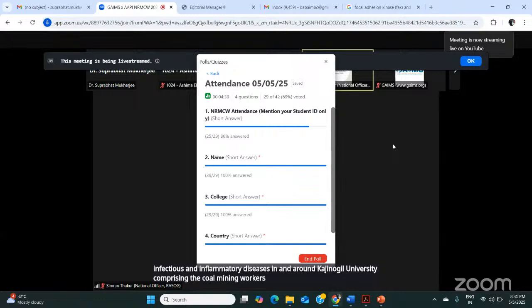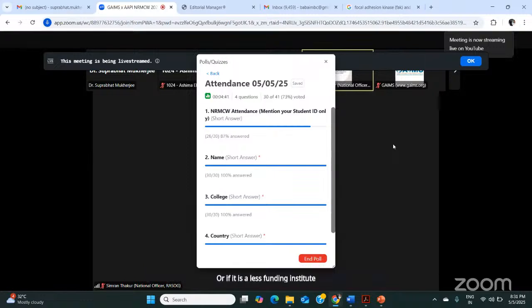So in this way, you need to clarify your objective, that this is a maiden research work, or that it is a less funded institute. So what are the different bases, and what is the utility of the research, has to be mentioned very clearly.